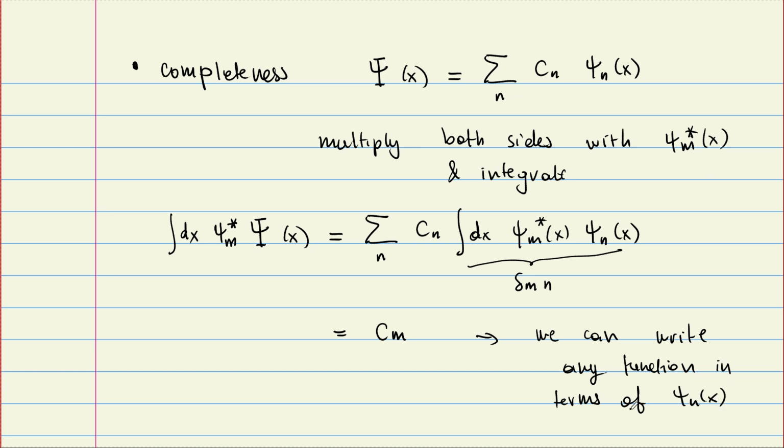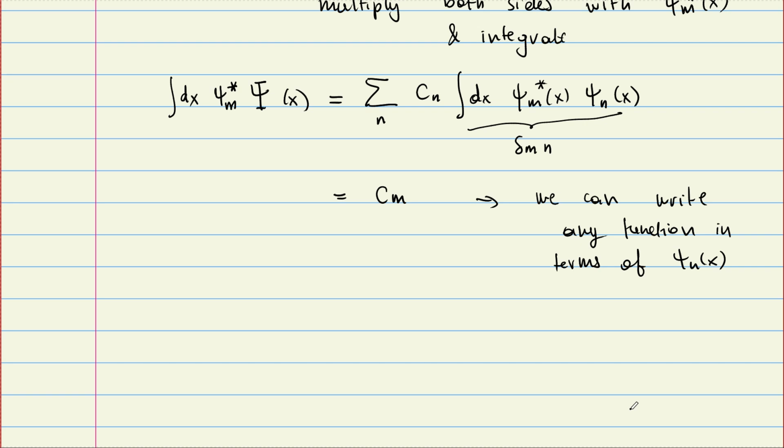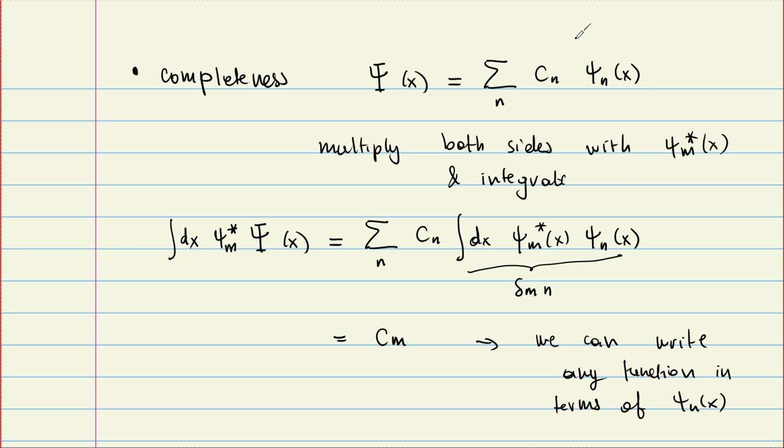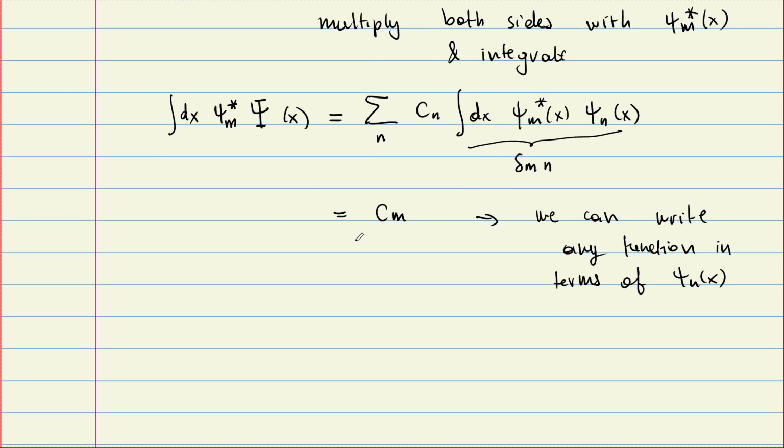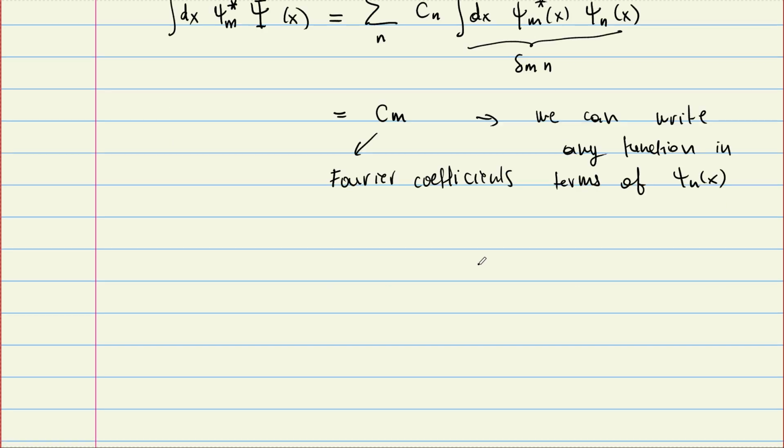I think some people know this from a theorem in mathematics. Does anybody know what this means? We are expanding an arbitrary function in terms of sines and cosines. Yes, this is the Fourier series, and these are the Fourier coefficients.